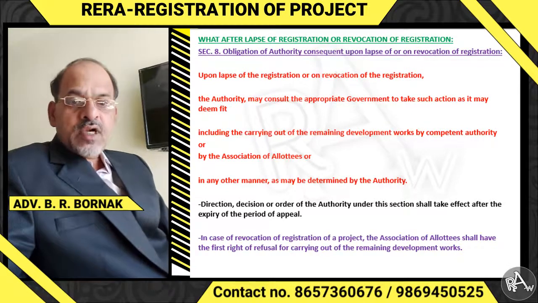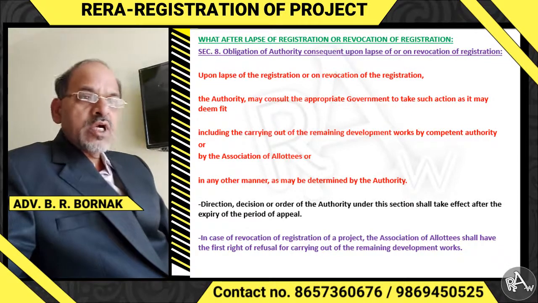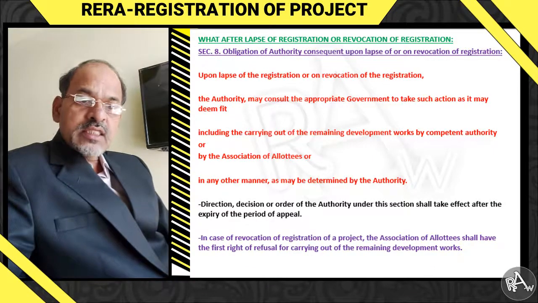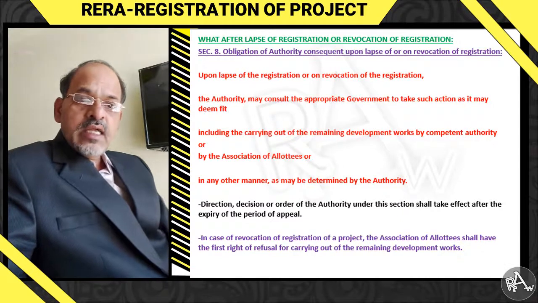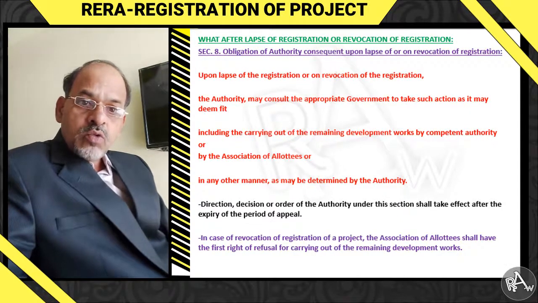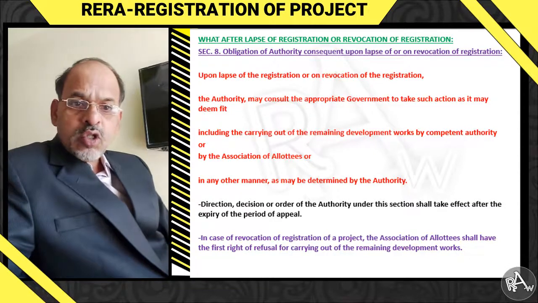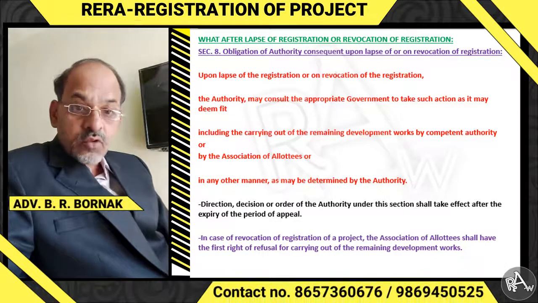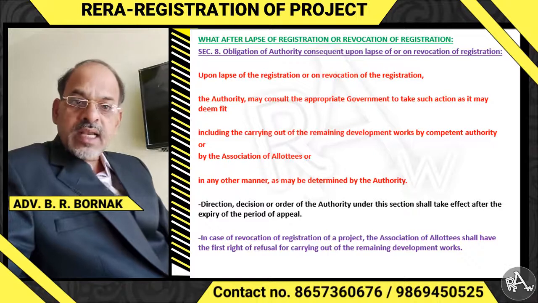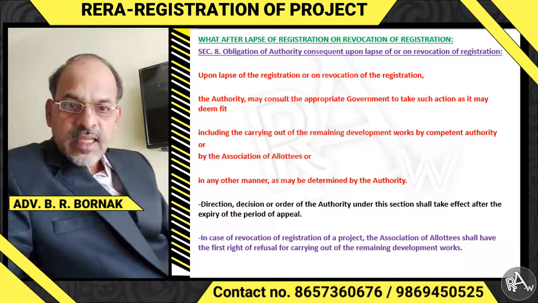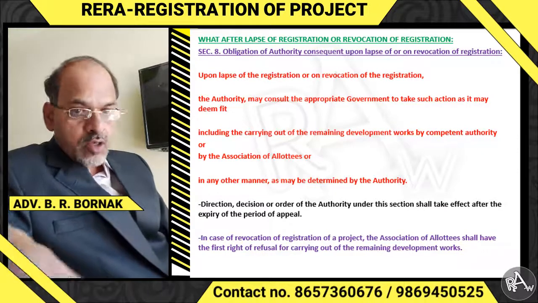Means the authority has options to carry out the remaining work either by a competent authority, or by the association of allottees, or by any other manner. In that case, the authority will have to first ask the association of allottees, and if they show unwillingness and refuse to carry out the remaining development work, then only can the authority go for other options.